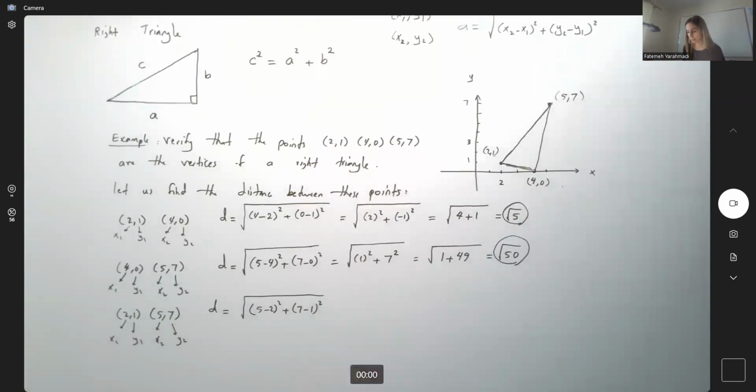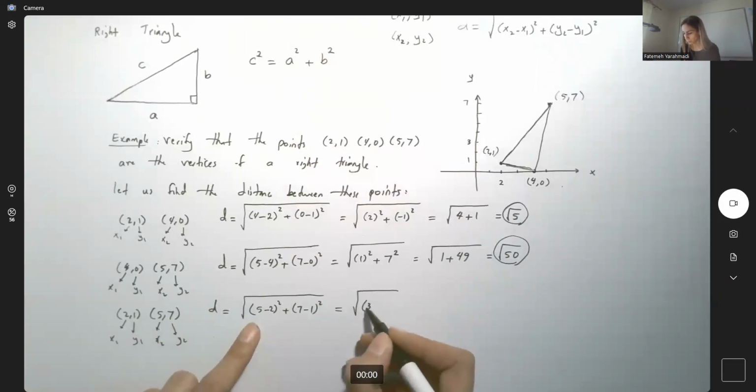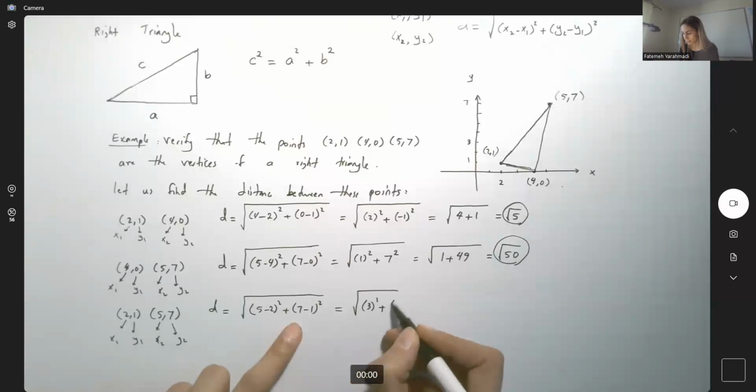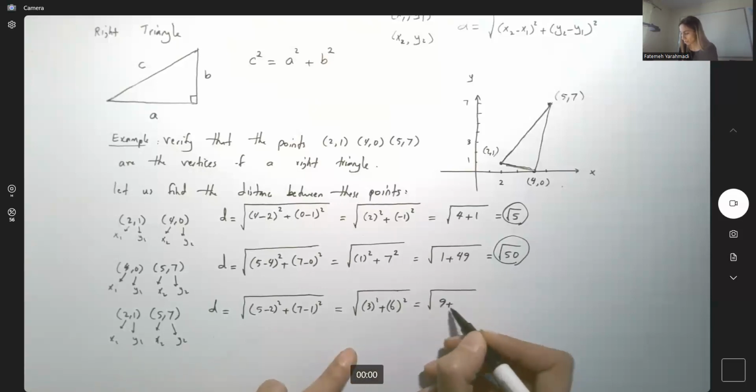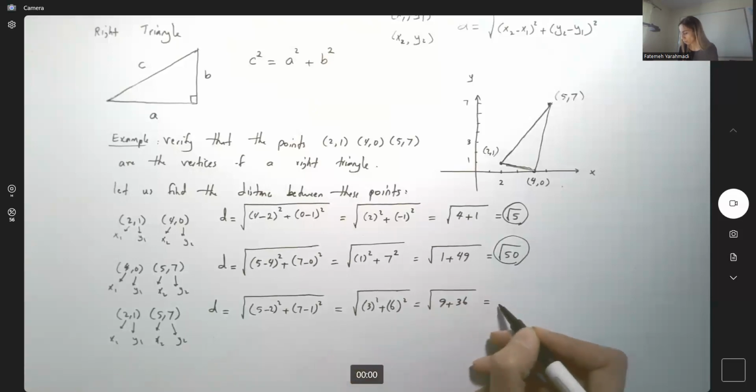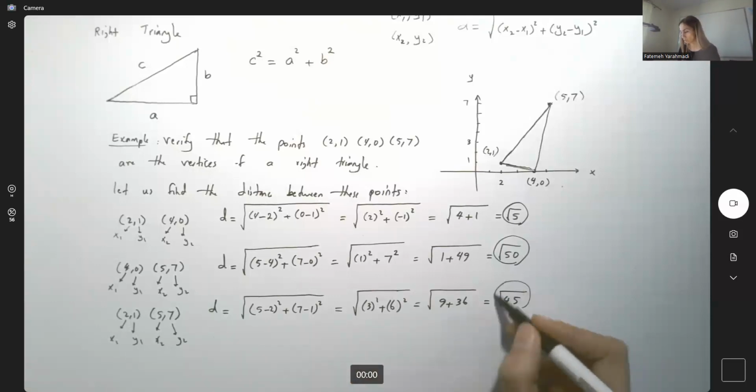This is equal to the square root of 3 to the second plus 6 to the second power, which is the square root of 9 plus 36, or the square root of 45.